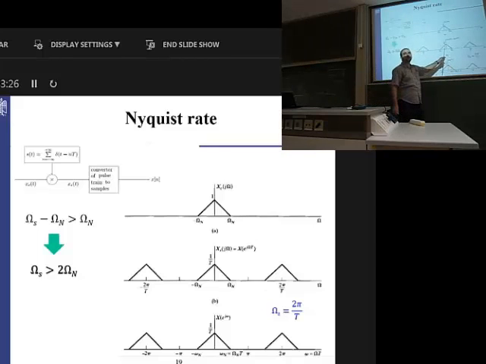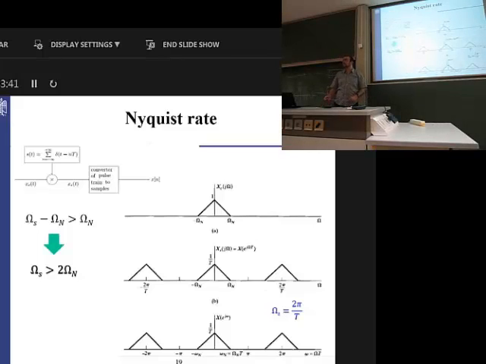We call this a guard band. We have to make this guard band for the sampling if we want to be able to recover the signal. So ωs minus ωn is bigger than ωn, which means that ωs should be at least 2 times ωn. That's the necessity, at least.